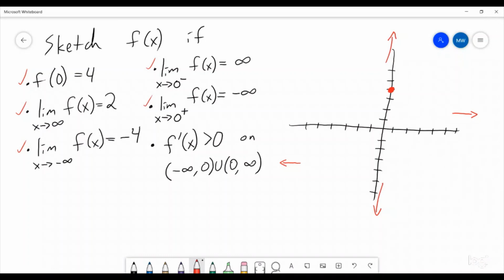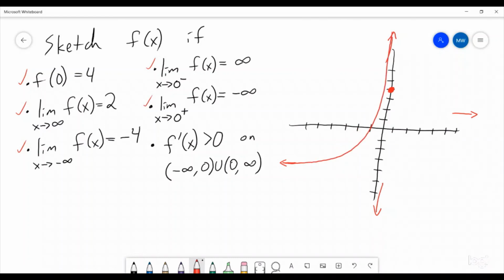So what's the derivative being bigger than 0 mean? That means that the slope is positive. So that means it needs to be going upwards everywhere except maybe at 0. So right here it needs to be going up, it needs to be going up. That's actually probably, let's try and do it this way.